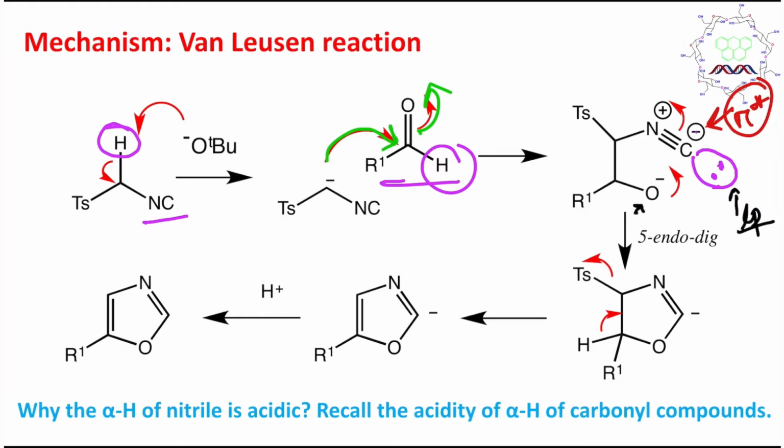So this oxygen will attack, and this attack is possible, and it will produce a 5-member ring by a 5-endo-dig pathway. And remember students, 5-member ring formation has the proper conformational orientation. That's why it forms easily. Not only here, in many organic reactions you see that 5-member ring formation is very facile.